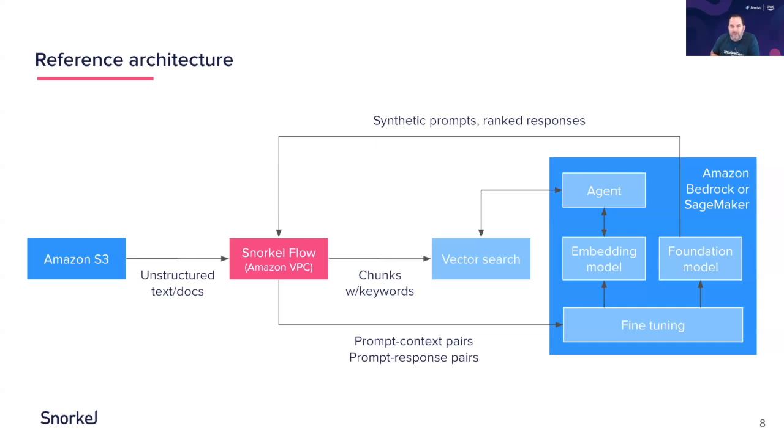We can ask them to generate synthetic prompts, as I mentioned, based on chunks. If we have existing prompts in context, we can ask them to generate responses or even rank responses using LLM as a judge. So it's a little bit of a circular system there, right?